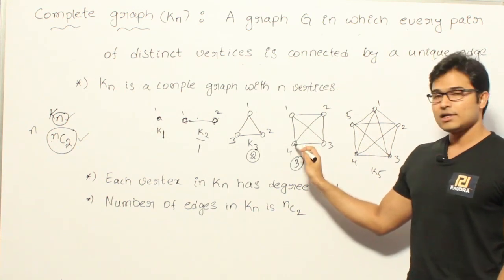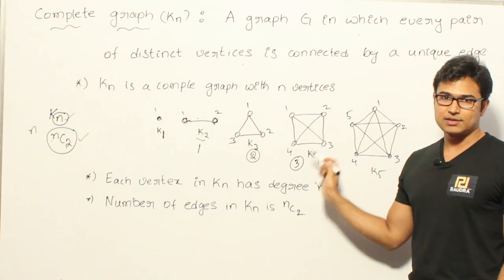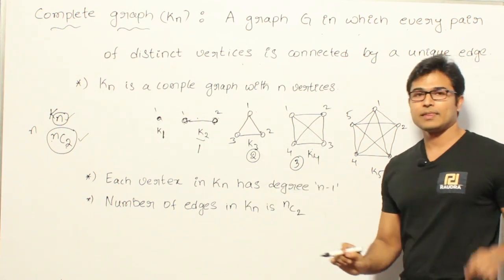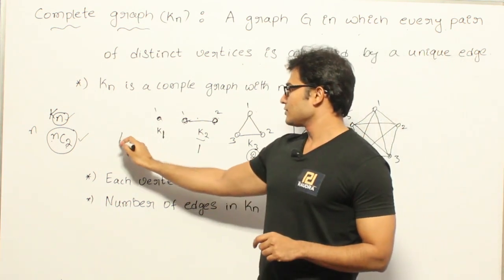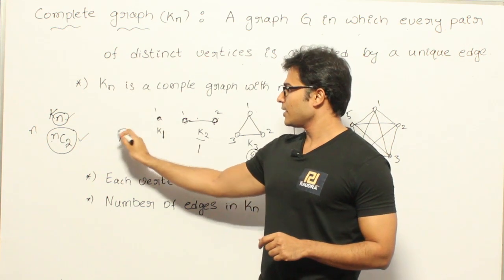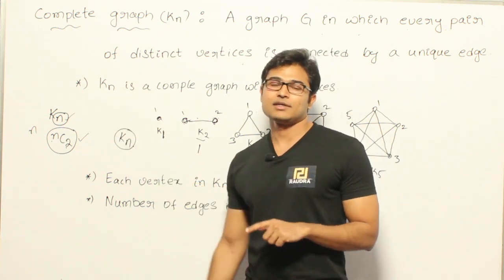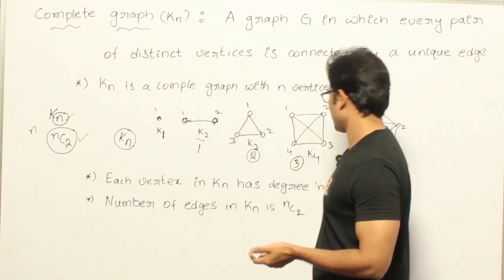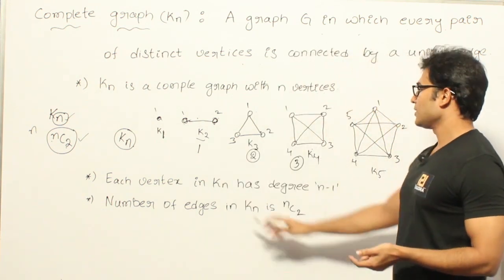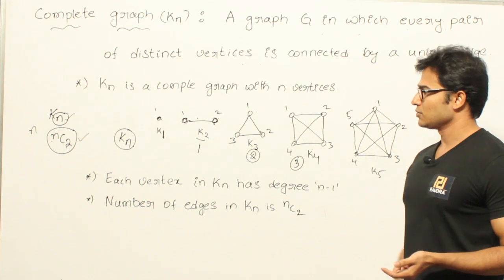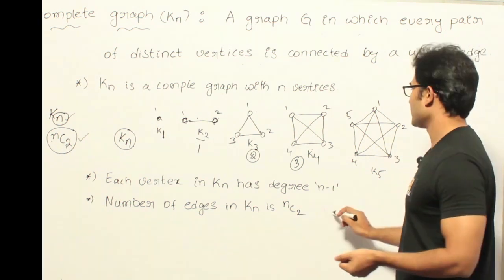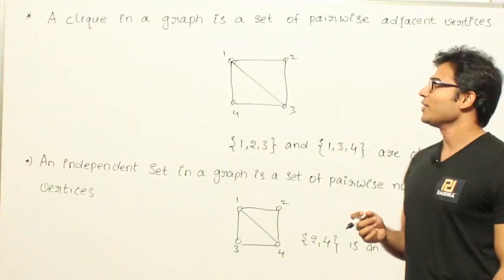Why? Every vertex is adjacent to the other three vertices. Likewise, in Kn, every vertex will be adjacent to the other n minus 1 vertices. That is why the degree of every vertex is n minus 1. Got it? And the next one is that the number of edges in Kn is nC2. That one anyway you know. Got it?